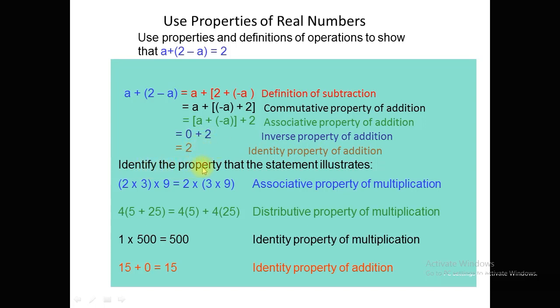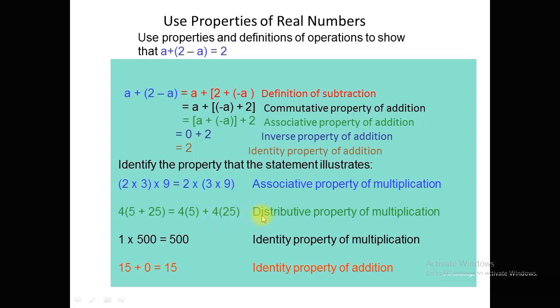Now identify the property that the statement illustrates. 2 multiplied by 3, multiplied by 9 is equal to 2 multiplied by 3 multiplied by 9. This is the associative property with respect to multiplication. Now 4 times 5 plus 25 is equal to 4 times 5 plus 4 times 25.